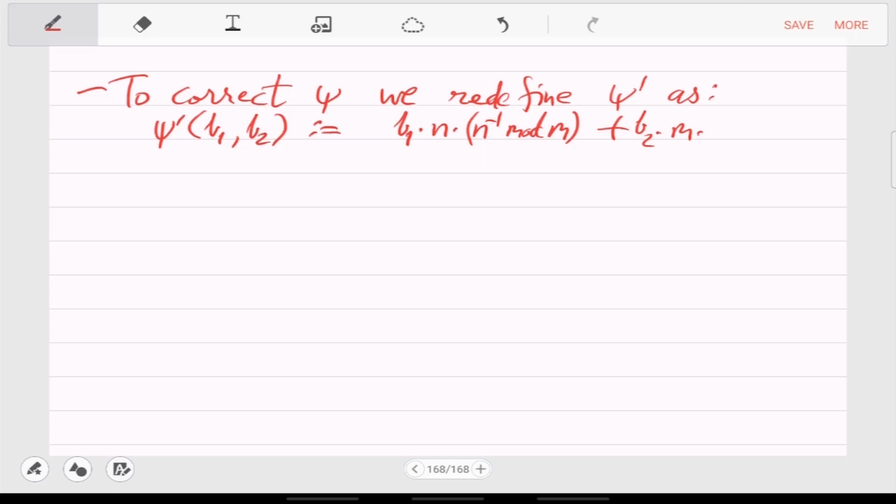Yeah, the symmetric thing, so that will be m inverse mod n. Right, so it's a more complicated expression. If I gave it to you directly, you will not believe that this is what will work.